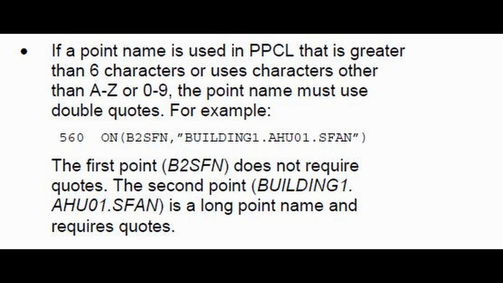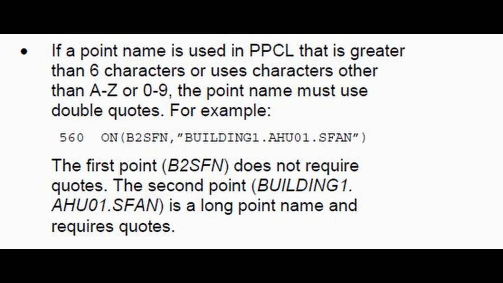PPCL rules. When someone talks to you, they compose sentences according to the grammatical rules of the spoken language. PPCL also uses grammatical conventions to create command instructions.